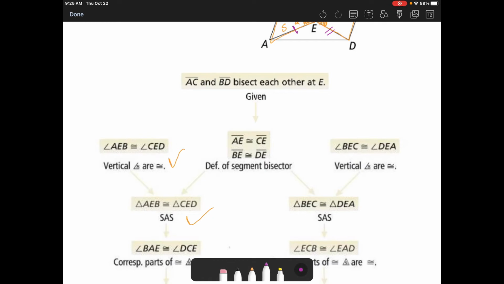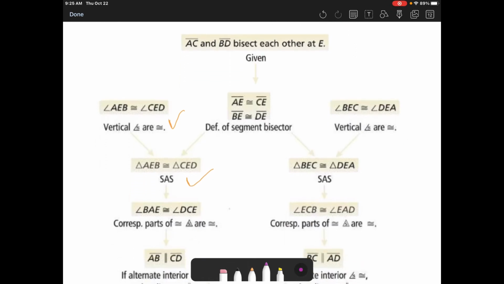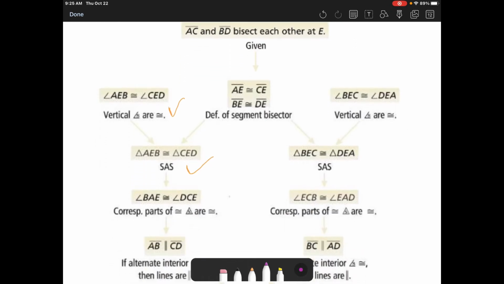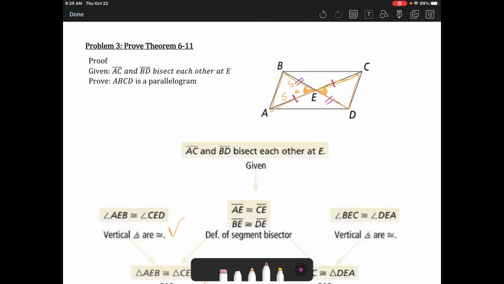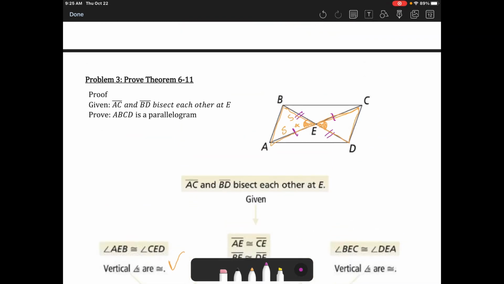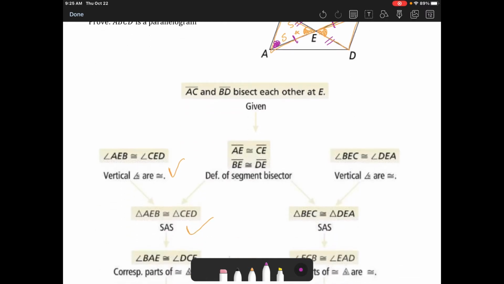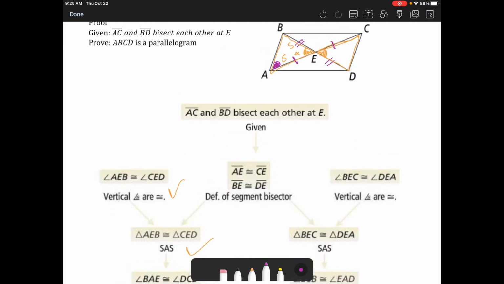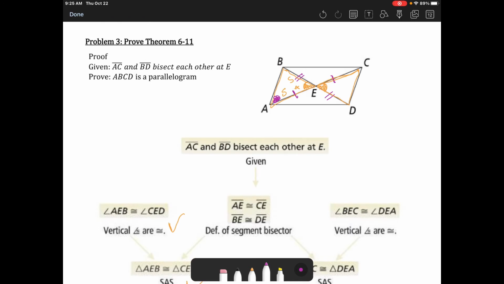Because those two triangles are congruent, all the other corresponding parts of these triangles are congruent. So angle BAE, this angle here, and DCE are congruent by corresponding parts.